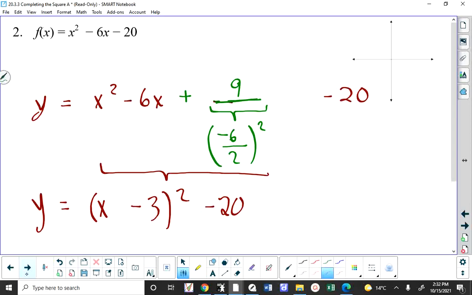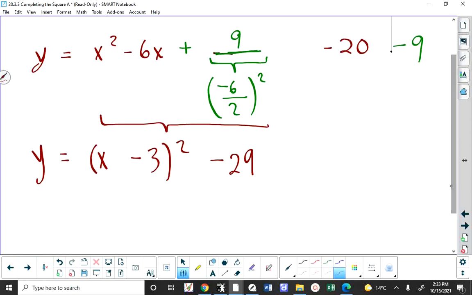So I need to have minus 9 here. And these two numbers are going to produce your q, which would mean a is 1, p is 3, q is negative 29.